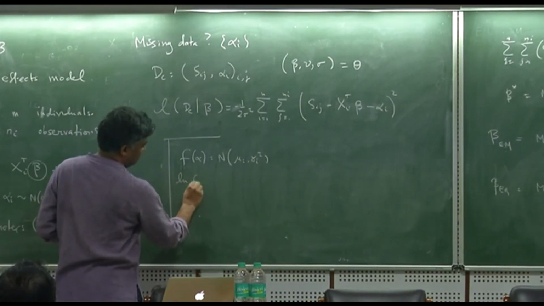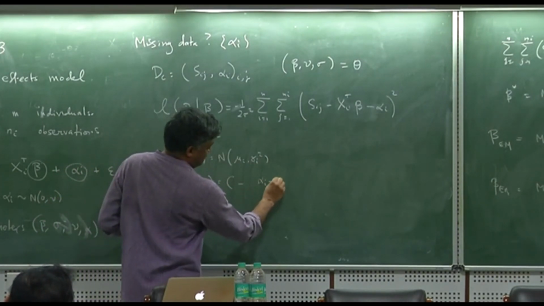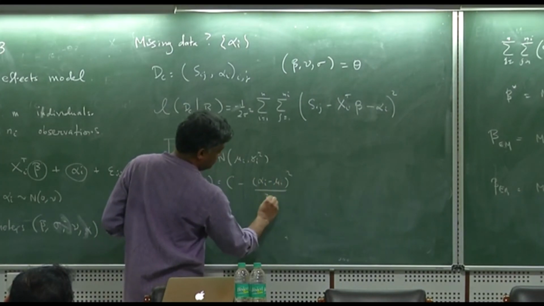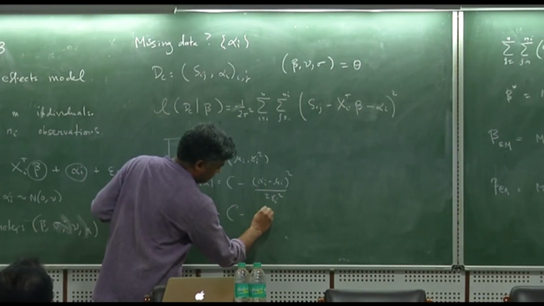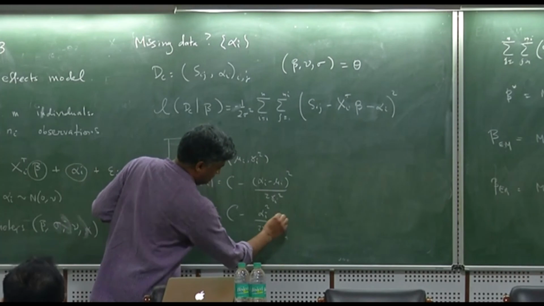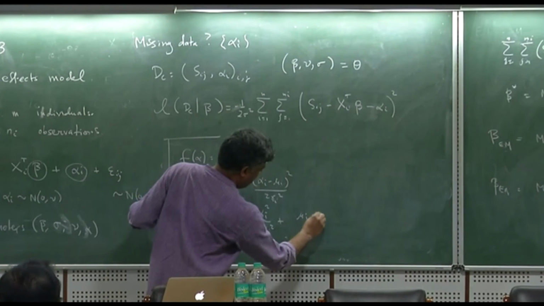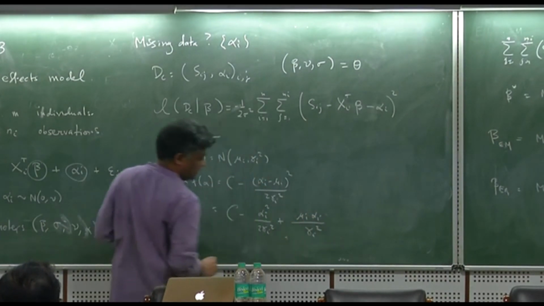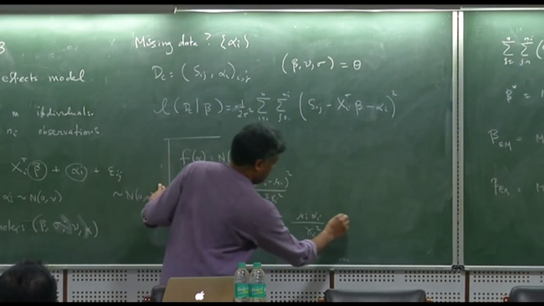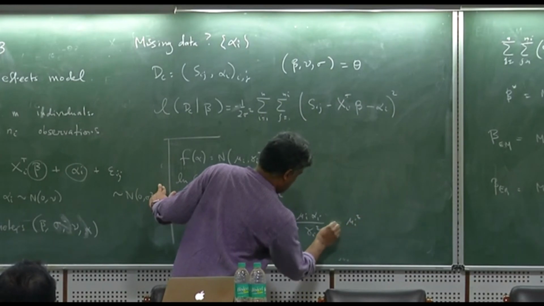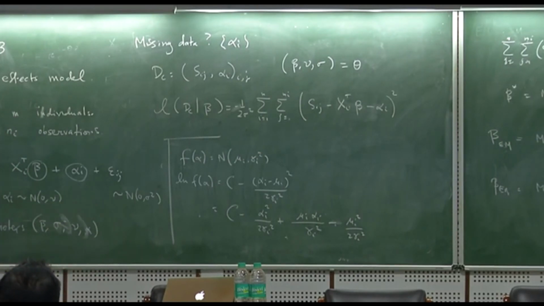So the log of f of alpha will look like constant minus alpha I minus mu I squared over 2 gamma I squared. And if I expand that, I'll get C minus alpha I squared over 2 gamma I squared plus mu I alpha I over gamma I squared minus mu I squared over 2 gamma I squared. And that's what the expression is.